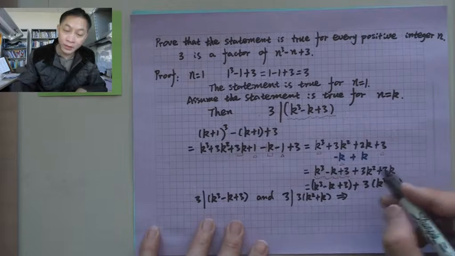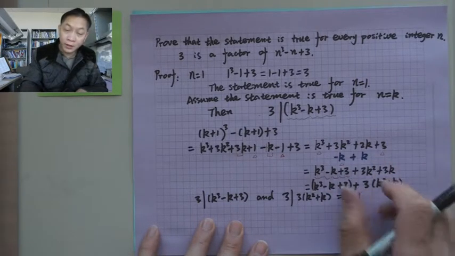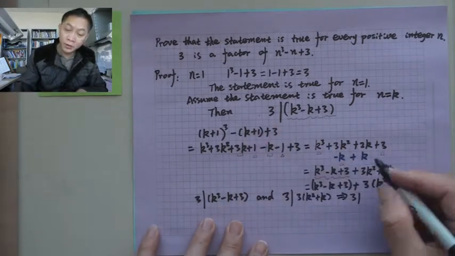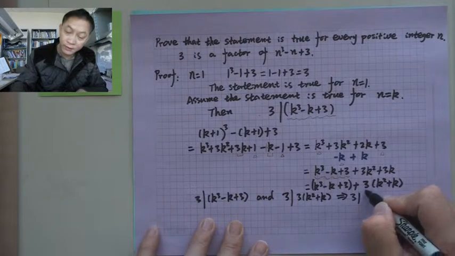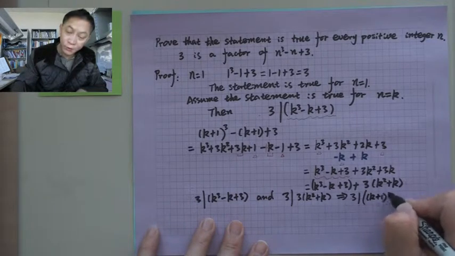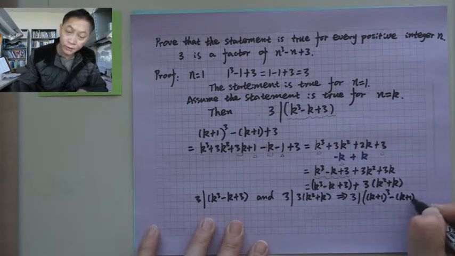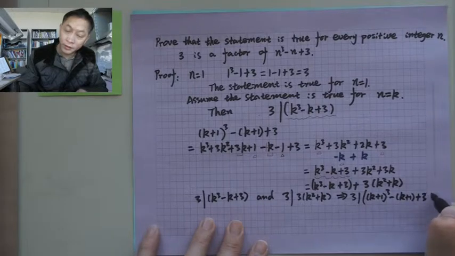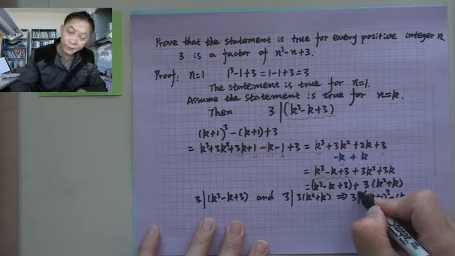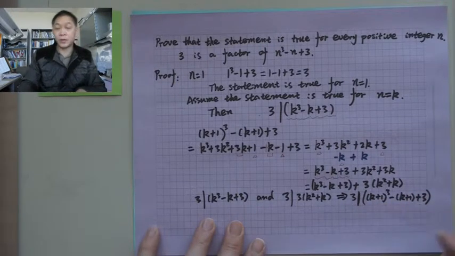So 3 divides the whole thing, and the whole thing equals the expression above. So 3 divides k plus 1 cubed minus k plus 1 plus 3. So then we have proved 3 is a factor for this one.